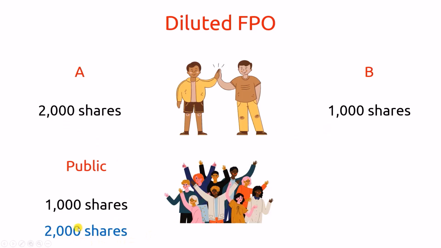So here we have 2000 plus 2000 plus 1000 shares. It is 5000 shares. Alright. So the number of shares after the FPO will be more than before in the case of diluted FPO. And if the company wants to generate money, it has to go for diluted FPO.